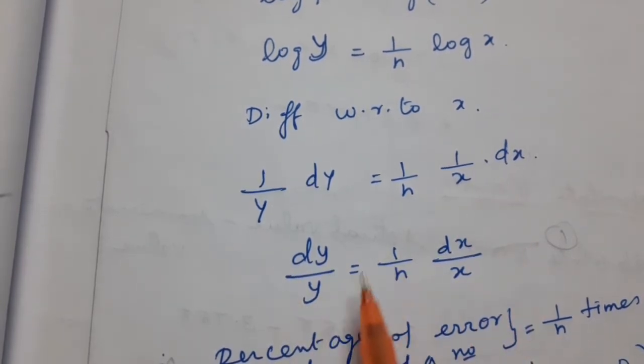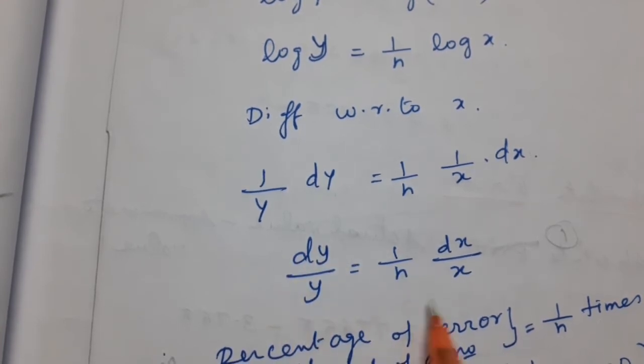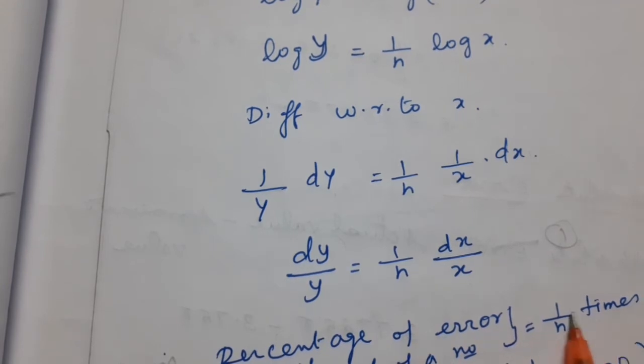Next we are going to find the percentage of error, that is, to prove that the percentage of error in the nth root of a number equals 1 by n times the percentage of error in that number.